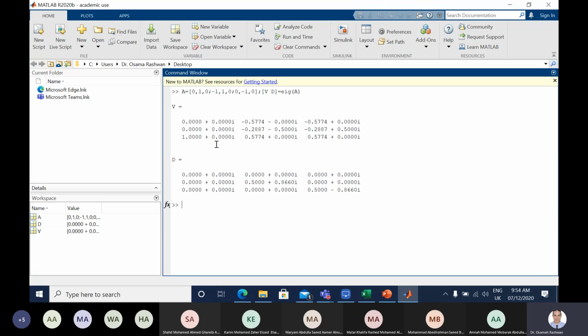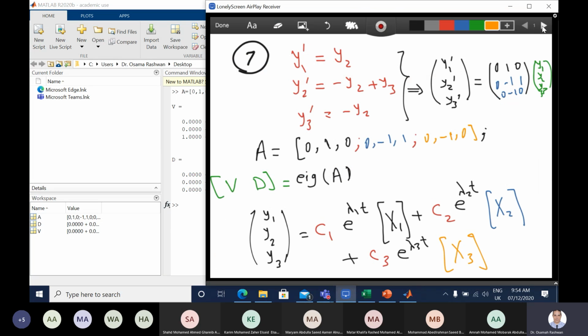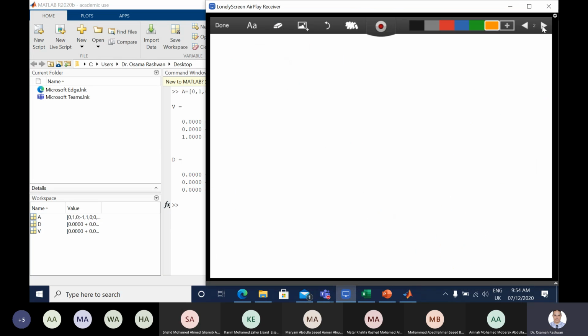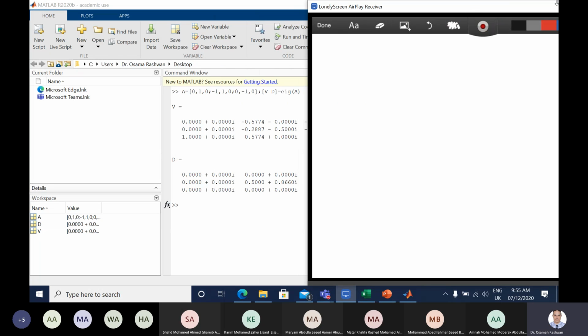Okay, so I'm going to write now how to write the eigenvalues from here. What's your lambda 1 here? So lambda 1 equal to what? 0.